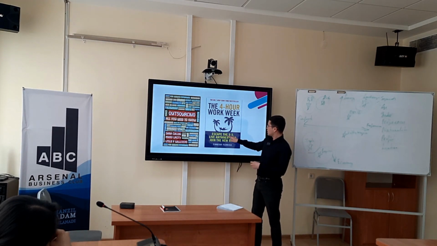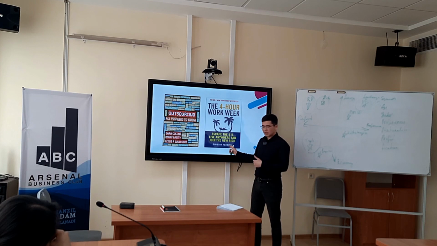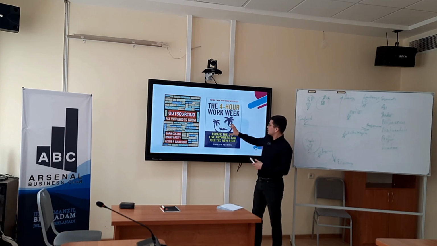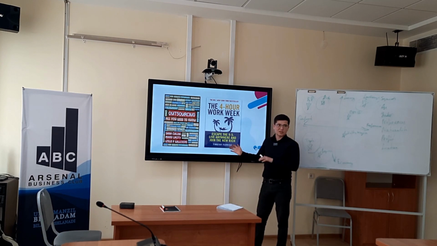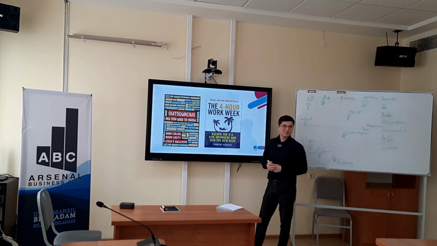It says, escape the 9 to 5 job, live anywhere you want, and be rich. It's satisfying a personal ego, which means that this book is symbolic. And yet it's experiential, which means that the picture is showing us that the person is relaxing. They're connecting our minds and saying that if we read this book, we're going to relax like him.